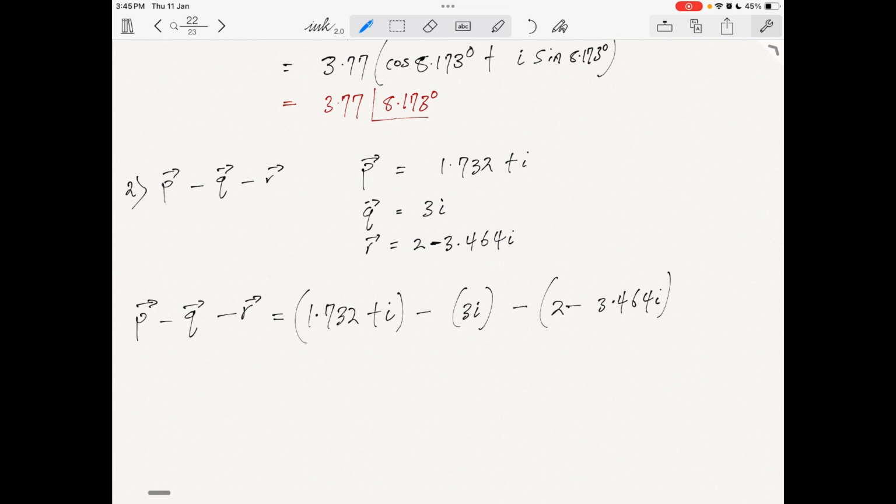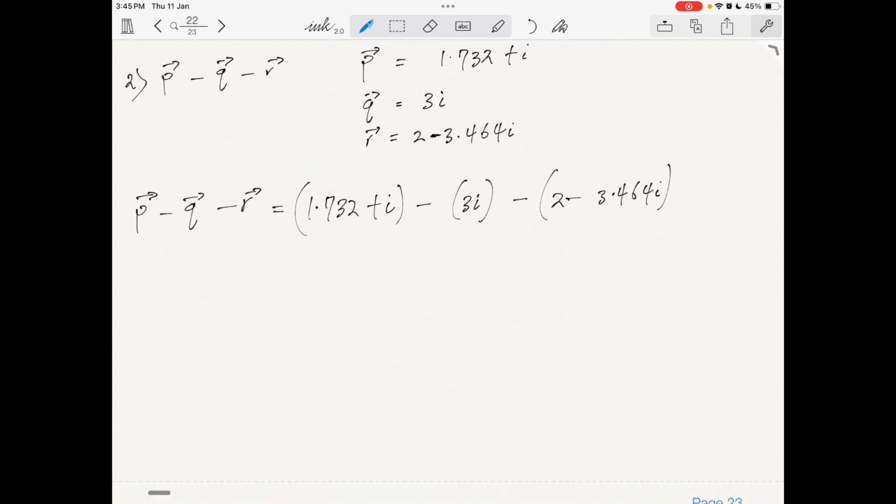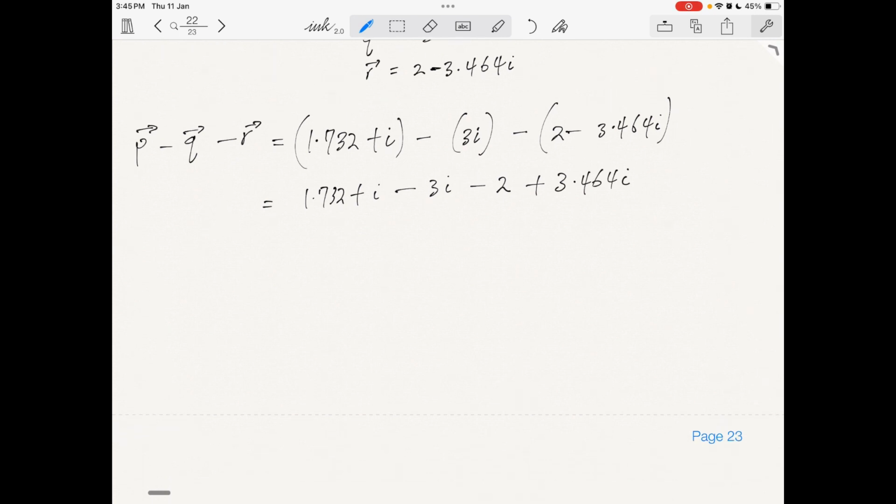Now we open the bracket up with the negative, so this will give us 1.732 plus i minus 3i minus 2 plus 3.464i. Then we bring in like terms, so that will give us 1.732 minus 2 plus i minus 3i plus 3.464i.